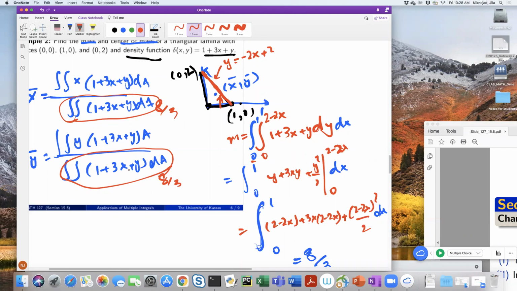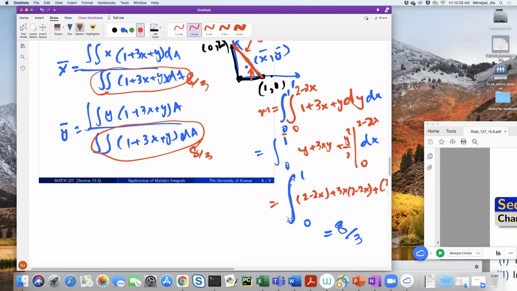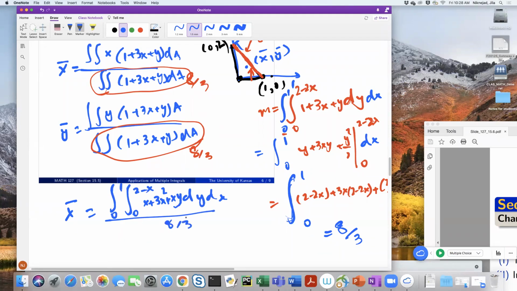Let's find the numerator in each case. Again, I'm going to set it up but not solve completely. For the top part, I can repeat the same setup: 0 to 2 minus 2x, 0 to 1, dy dx. The integrand is going to be x plus 3x squared plus xy over 8/3.